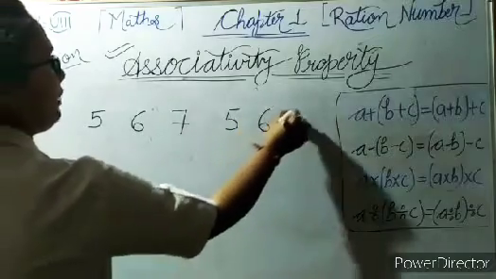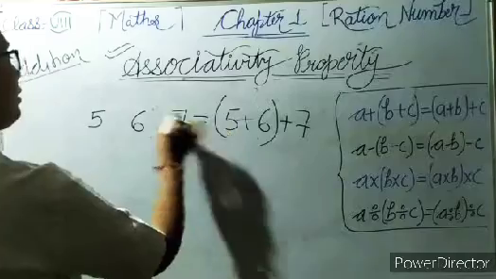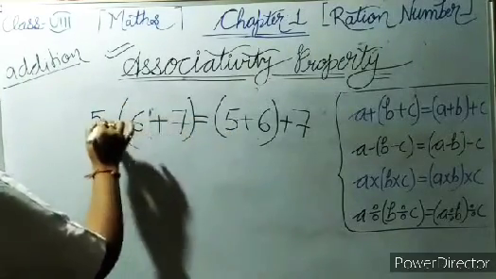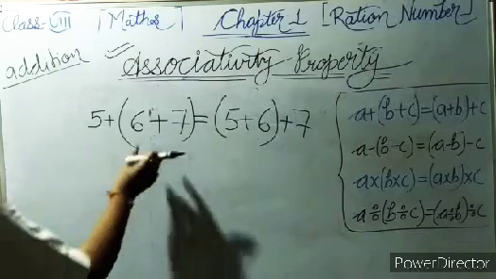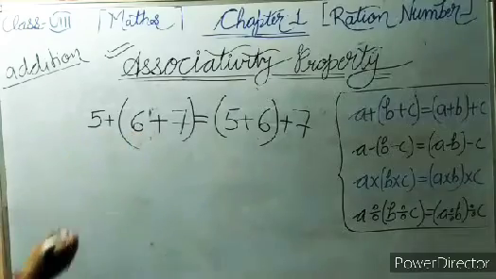Here also 5, 6, 7. We make a pair first of this and second of this. Imagine 3 friends: first two sit to talk together, and then the next two.